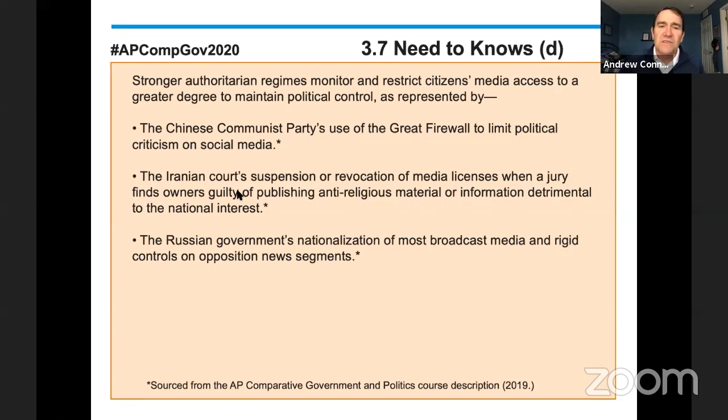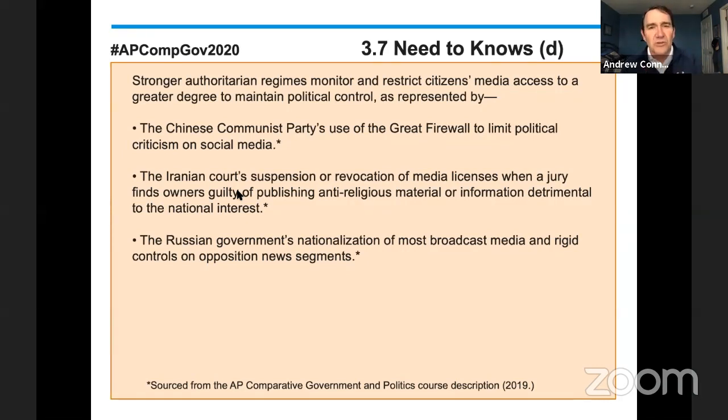And of course, I've mentioned in a previous lesson that Russia had a glimmer of independent media right before Putin became president. When the first president, Boris Yeltsin, was president, there was some independent broadcast media. But one of the first moves that the Putin administration made 20 years ago was to force that independent owner of a broadcast out of the country with accusations of corruption.